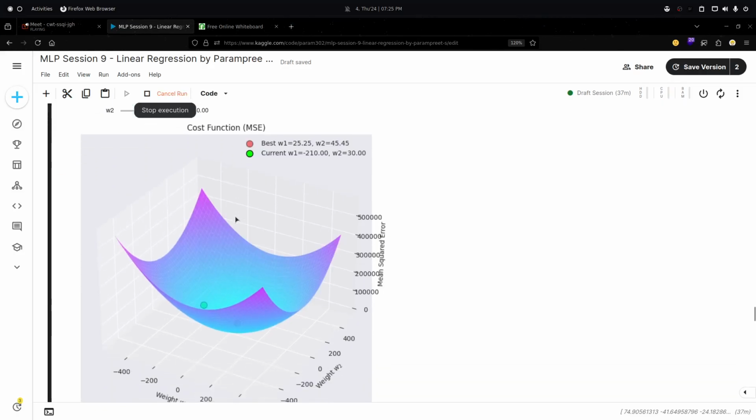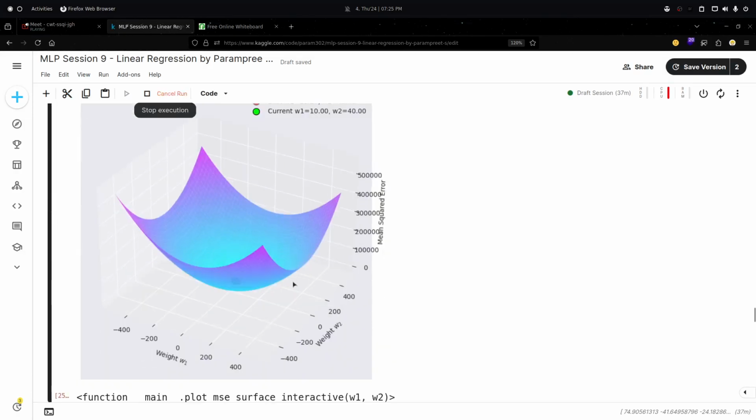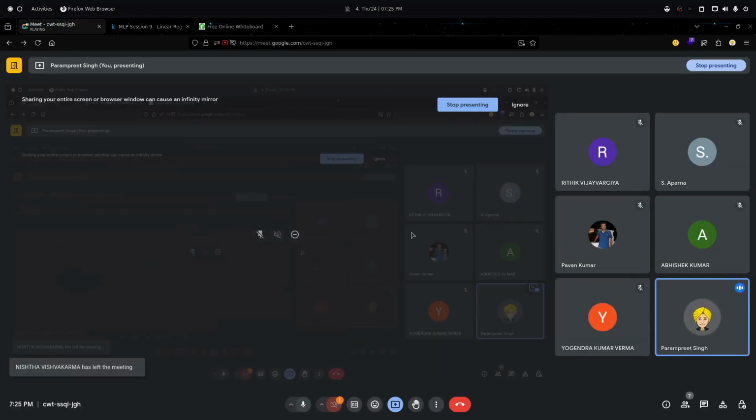At 40 we are almost on the same axis, if you can see here. Similarly for w1 we'll do the same thing. Almost there. Now you can see both the green circle and the red circle are on the same point. So this is how gradient descent works normally.